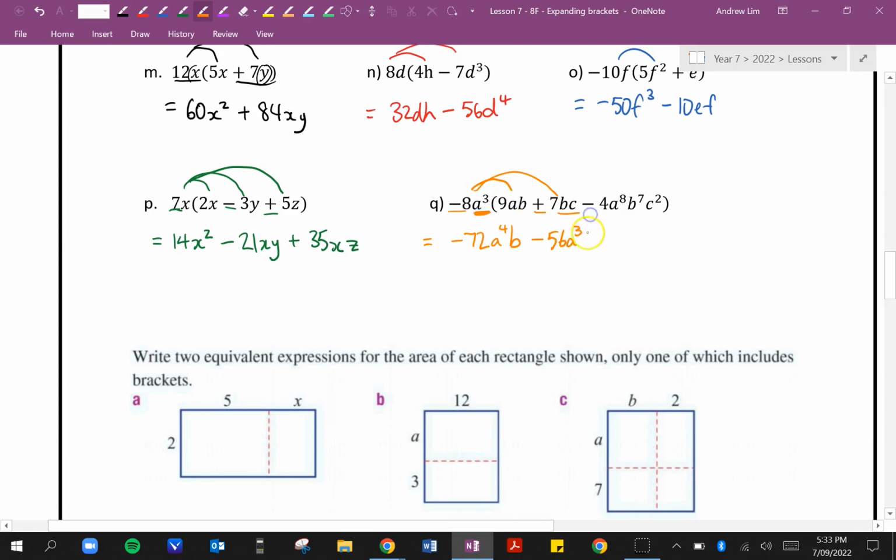We've got our bc. Negative times negative is positive. 8 times 4 is 32. We've got a cubed and a to the power of 8, which is a to the power of 11. Okay, 3 plus 8 is 11. And then we still have all of this, b to the power of 7c squared. Alright.